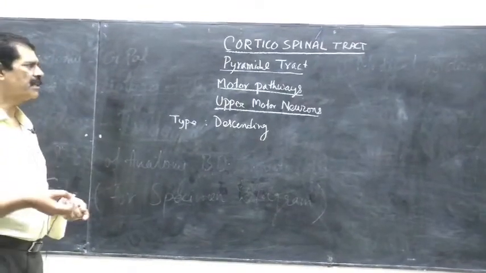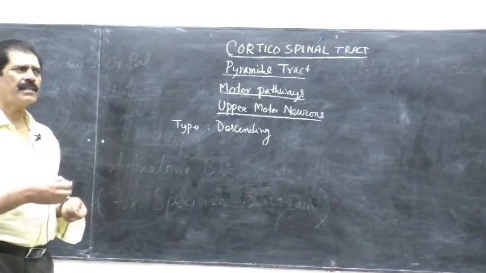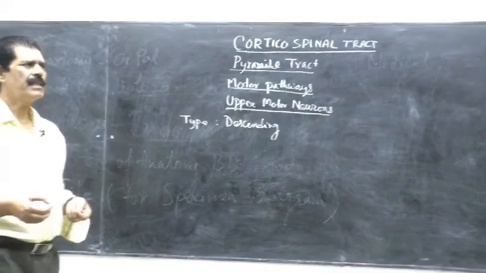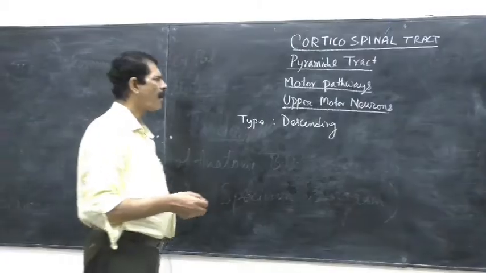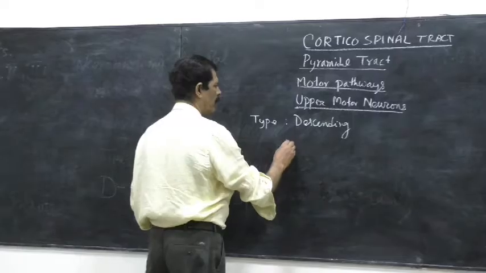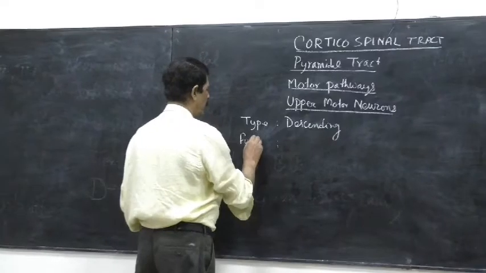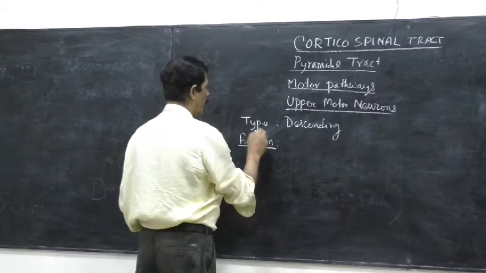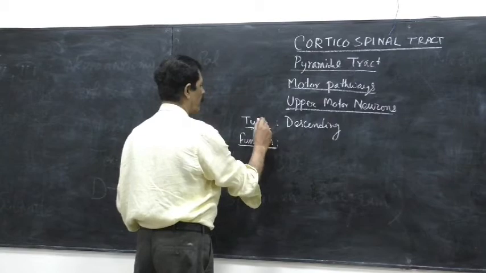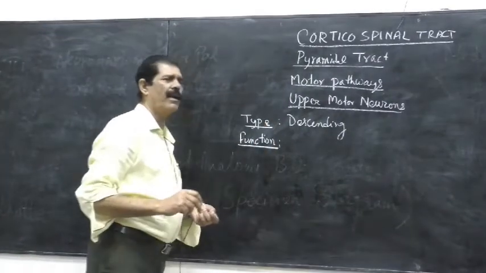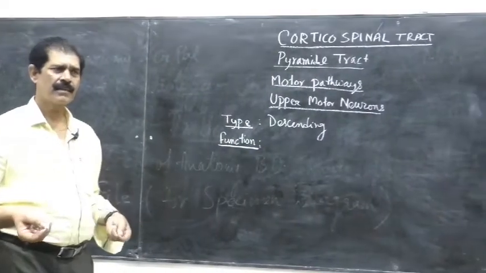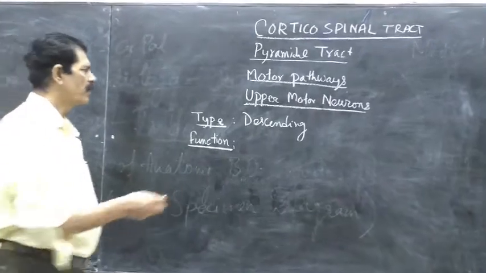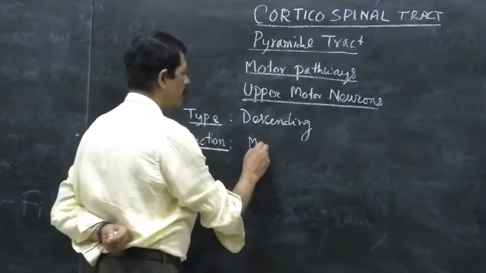And when we dissect the spinal cord and trace these descending fibers, what we see is that they end into the ventral horn cells. So it means functionally they are motor.